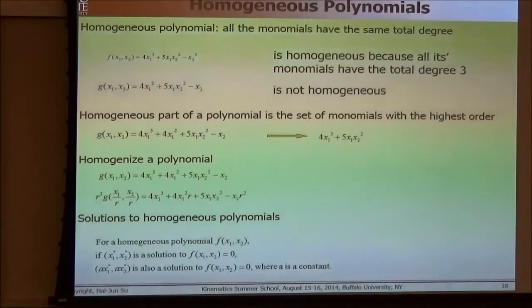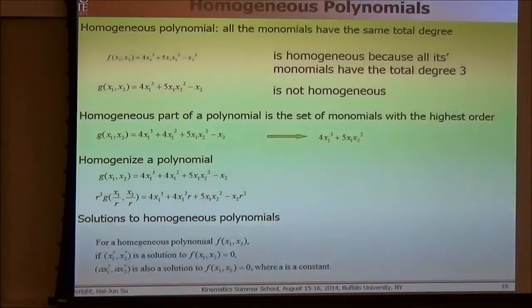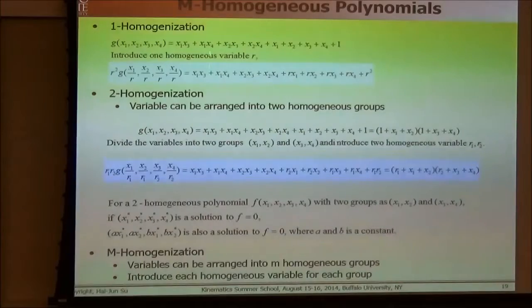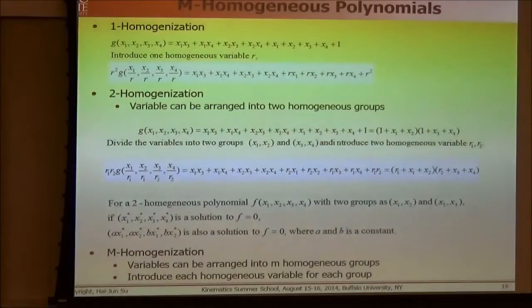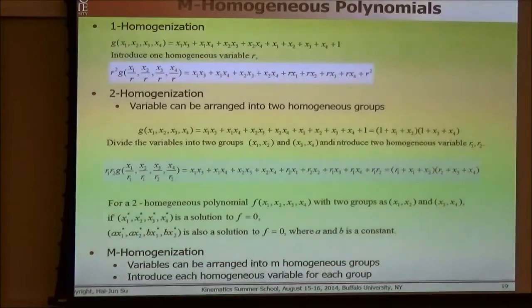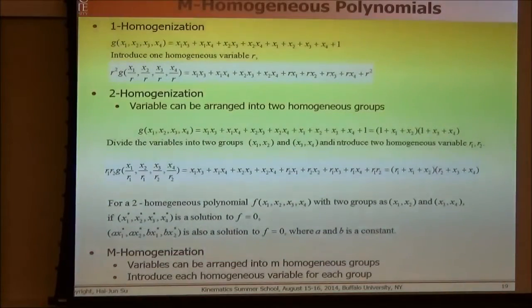So the solution to a homogeneous polynomial is this: if x1, x2 star is a solution to the equation, then any scalar times it is also a solution to the homogeneous polynomial. That is a feature of it. One-homogeneous means you have introduced one single homogeneous parameter. M-homogeneous means you introduce M homogeneous parameters.